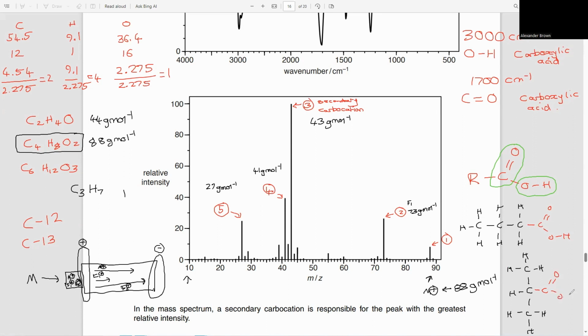Okay, and actually in this past paper question, either of these compounds is an acceptable answer for our question here.